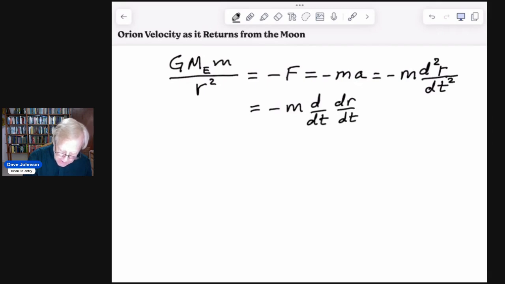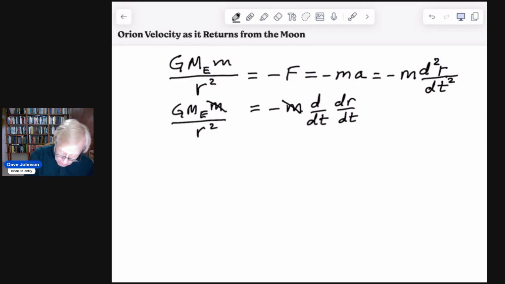Okay. Now, before I go on, let's simplify a little bit here. So I'm going to cancel the little m's. So whatever result we have is not going to depend on the mass of the Orion capsule.